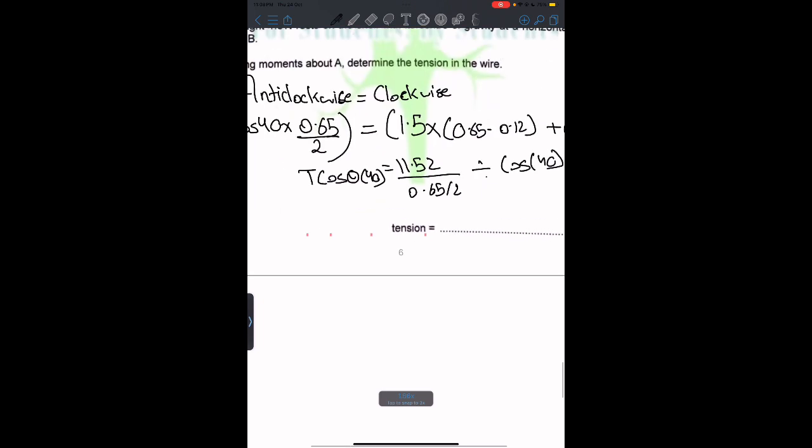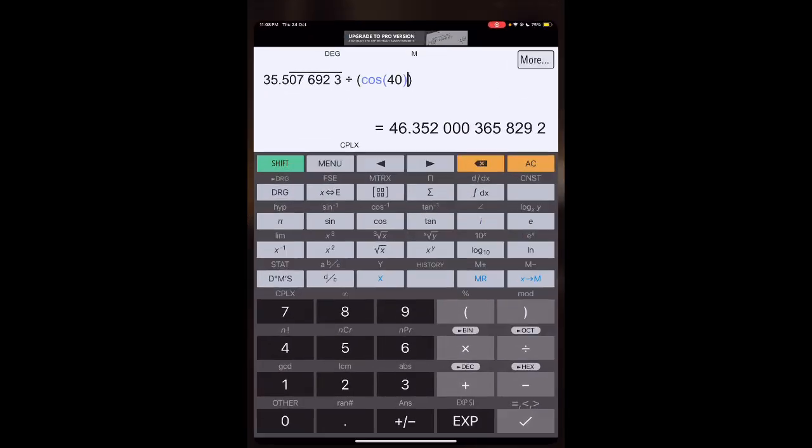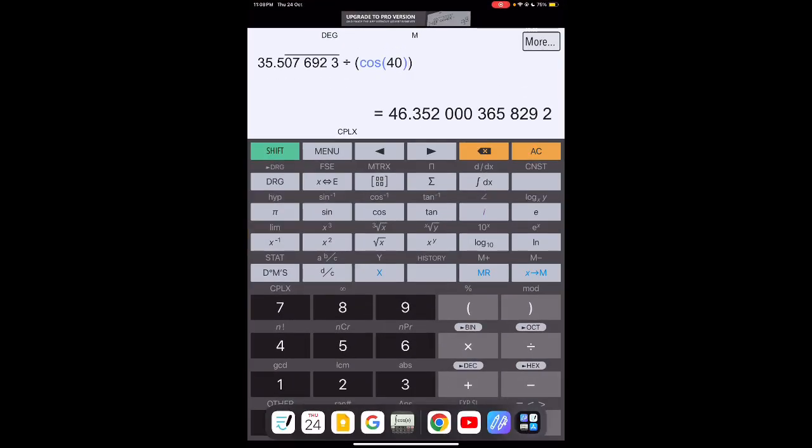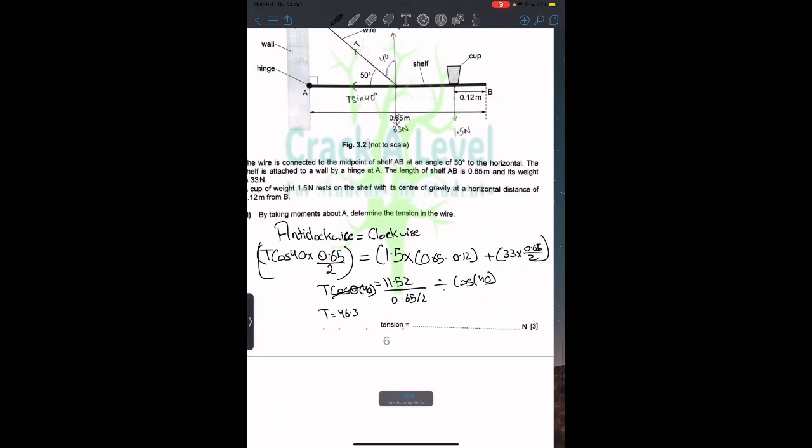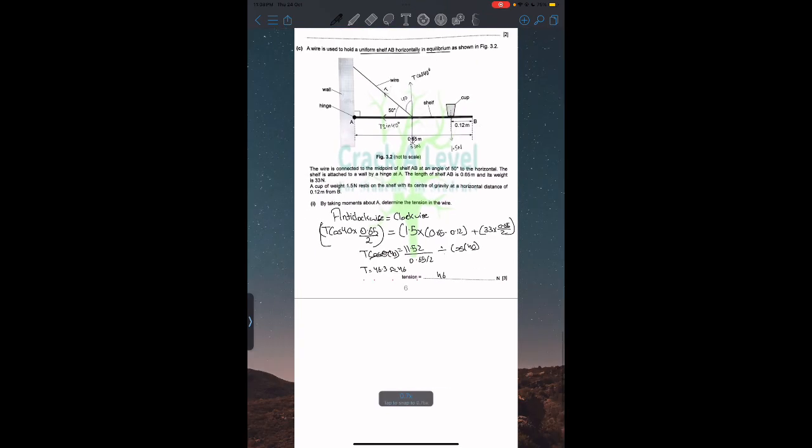So I'm getting the value of T to be 46.352. So 46.3, but because we are given the majority of the values in two significant figures, I will round this off to 46. So 46 is the answer.